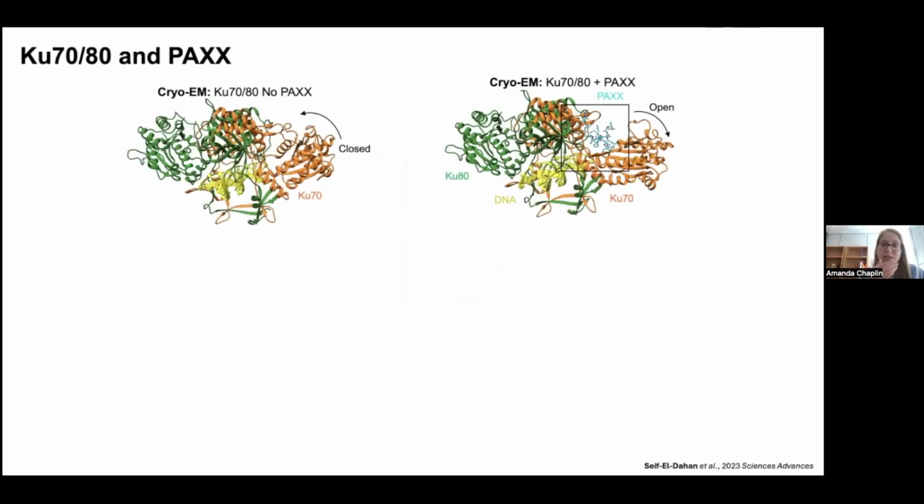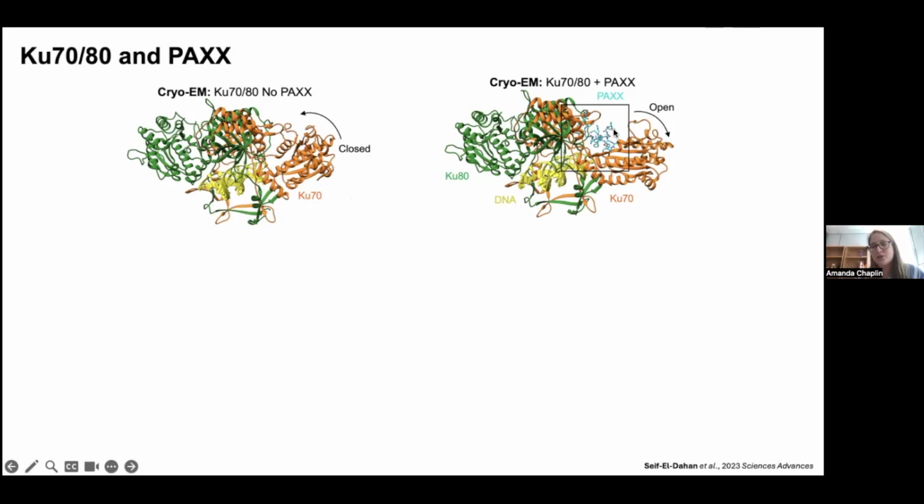And so what we did is we first of all took Ku80 on its own and added in PAXX, or a particular peptide of PAXX. And what we identified, this is a Ku binding motif of PAXX, was we got two structures, one of Ku80, where it looks like this, and this particular domain of Ku70 called the VWA domain is in its closed state.